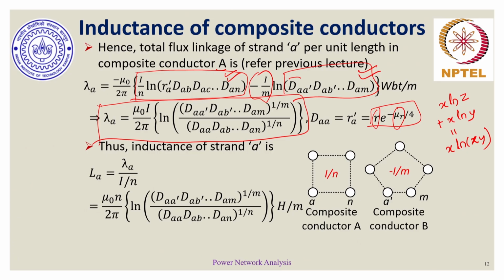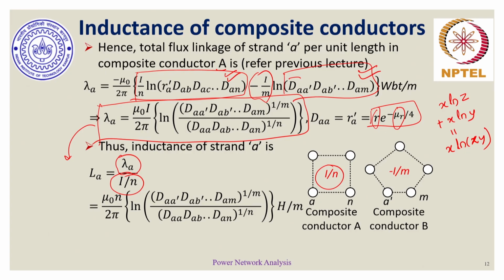Similarly, if we now try to find the inductance expression of conductor A, which is carrying current I by N, L_A would be nothing but flux linkage divided by the actual current. So we get the expression of inductance here. This expression looks very complex, looks very difficult to evaluate. Please have patience.